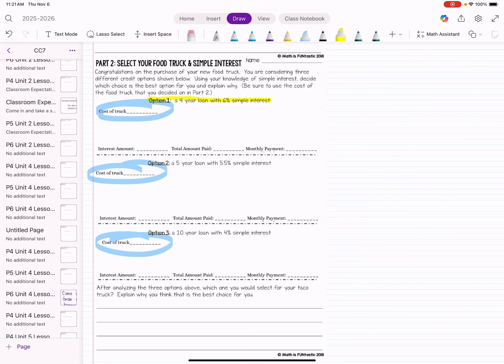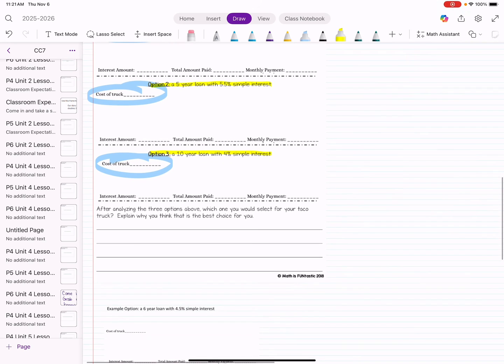We can see option 1, option 2, and option 3. You will find the different interests of each of them, find the amount paid, and then find the monthly payment. Once you find all of those different options, then you will analyze the 3 options and select one and explain why you think that's the best choice for you.